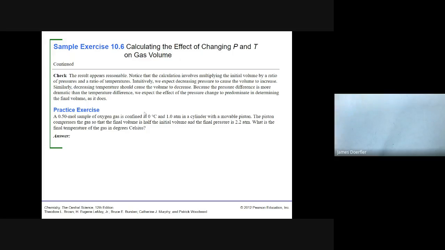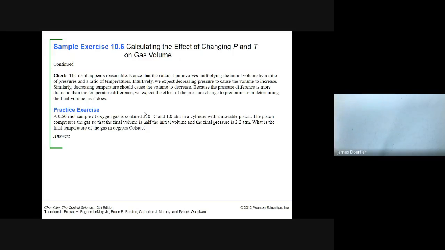Is there anything being held constant? N, the number of moles of the sample. And what is changing? Pressure. I bet you there's other things too. Temperature. Volume. Okay. So N is being held constant.